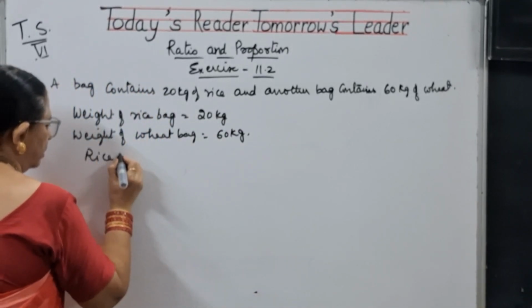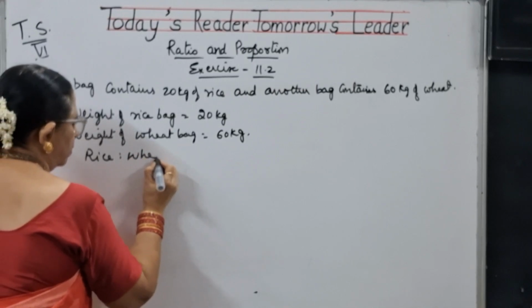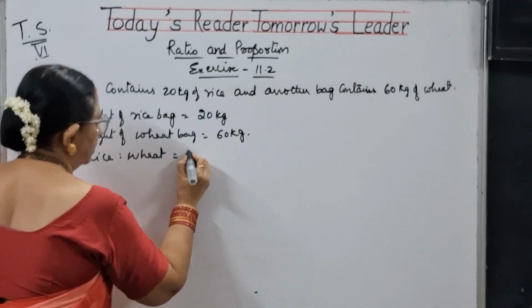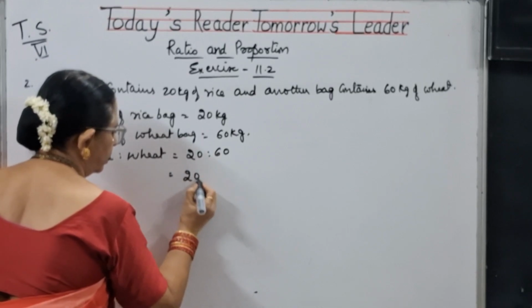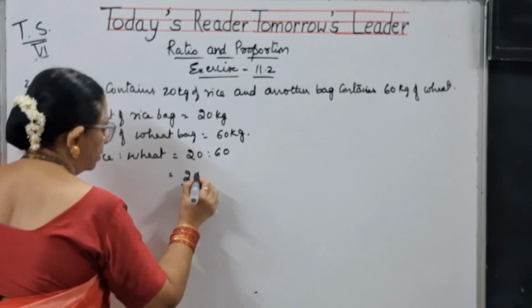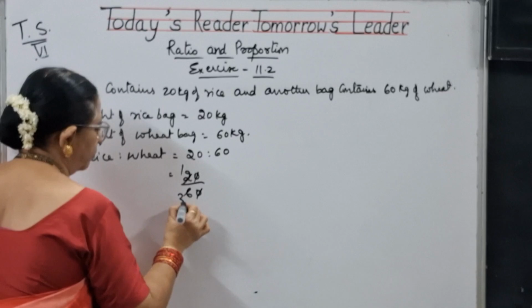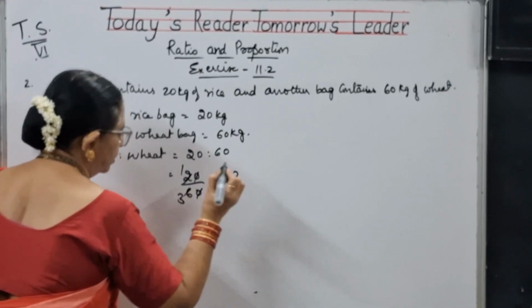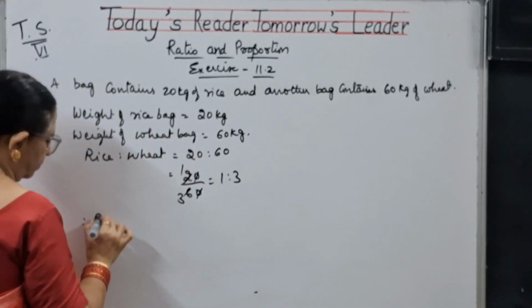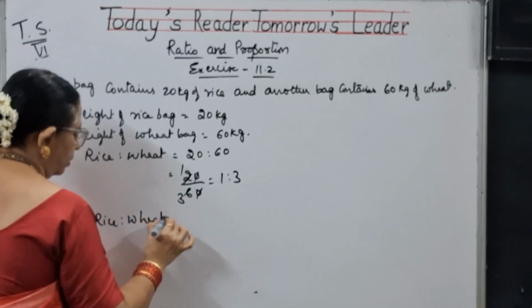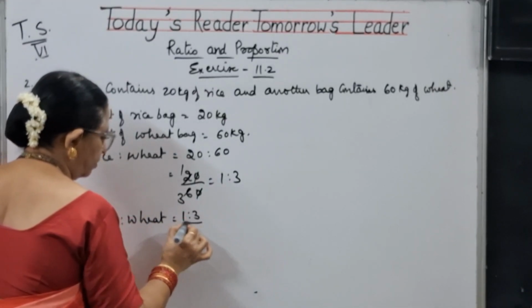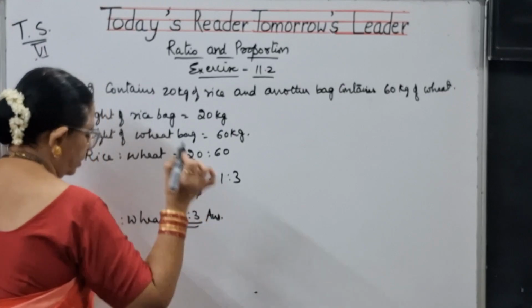So rice is to wheat is 20 is to 60, that means 20 by 60. These two zeros will get cancelled. 1 is to 3 you will be getting. So rice is to wheat is equal to 1 is to 3. This is one answer for this problem.